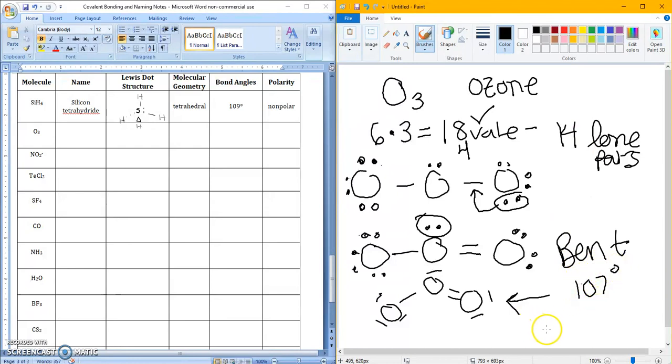That's on that lovely little sheet that I gave you. And the polarity, if I take a look, because these guys are slightly bent, there is going to be a little bit of polarity going on here. But because they are the exact same element, there's not a lot of separation in charge, so this guy is non-polar.